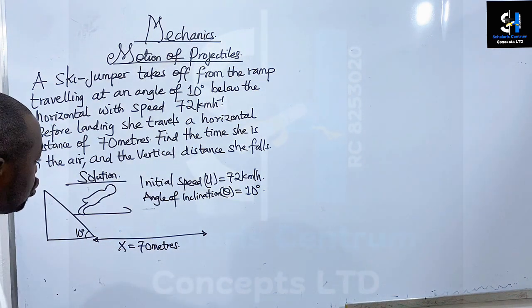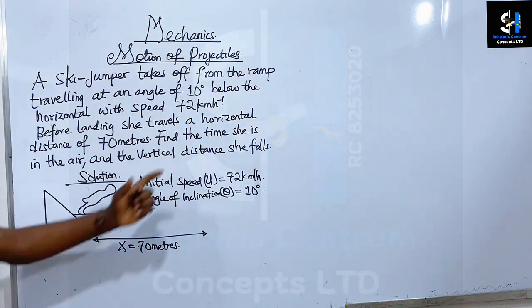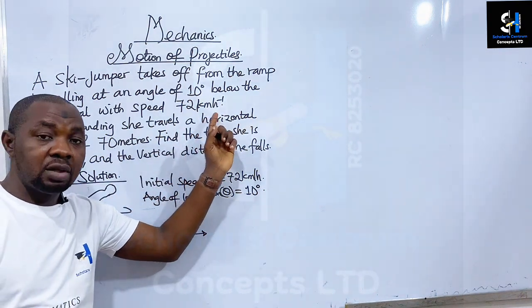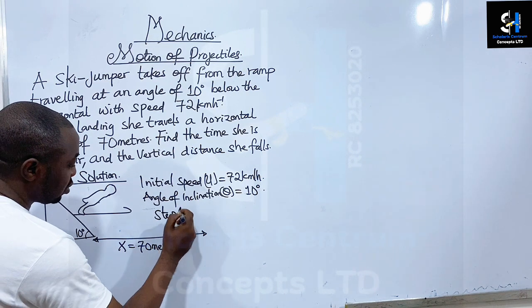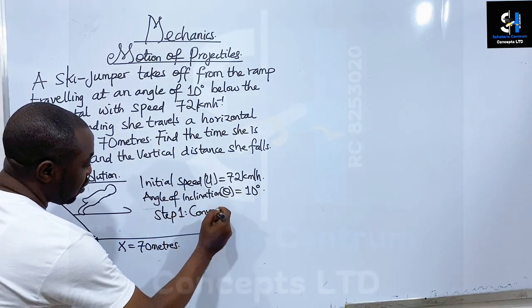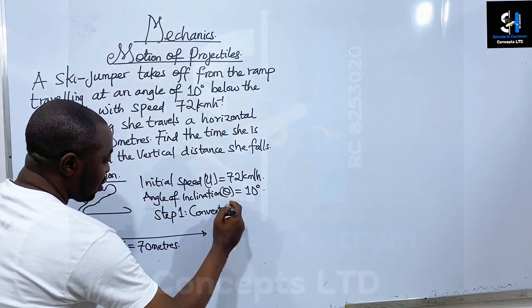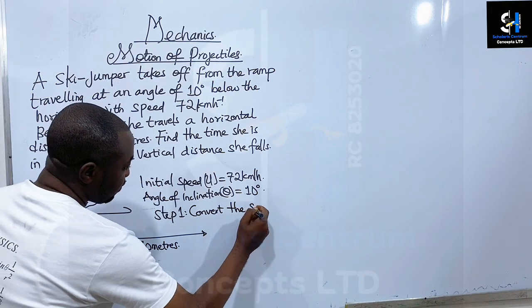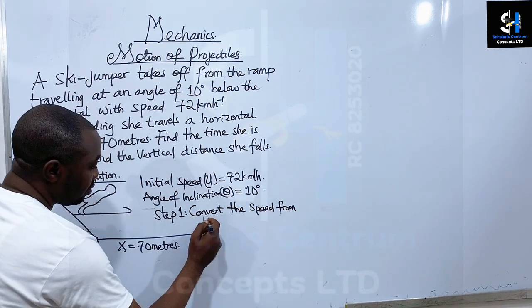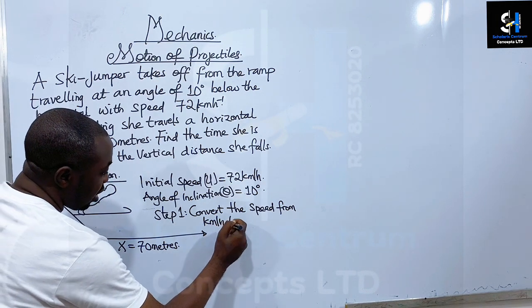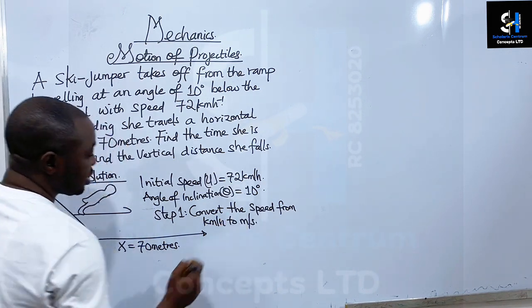The first thing to do is to convert 72 kilometers per hour to meters per second. So that is our step one: convert the speed from kilometers per hour to meters per second.